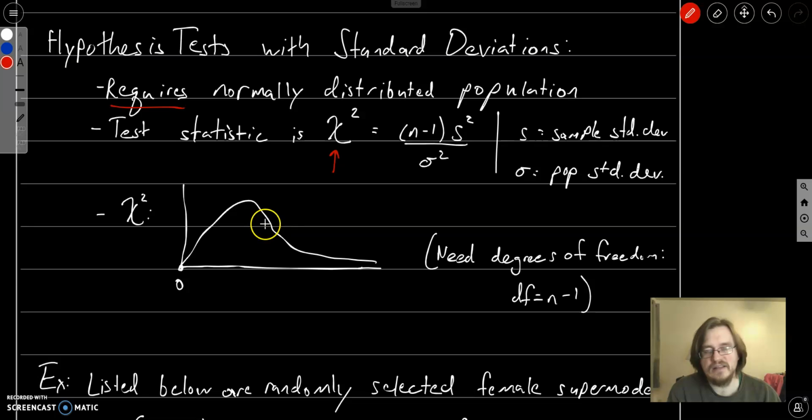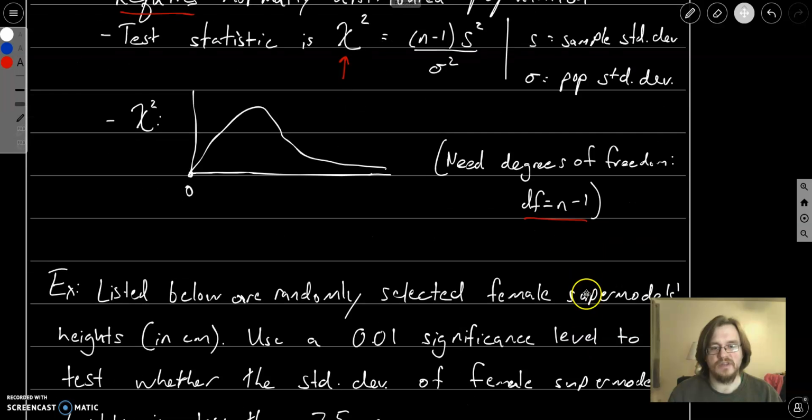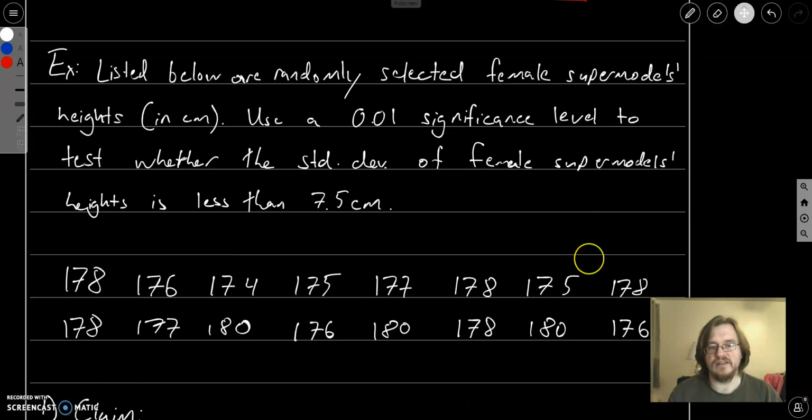We use it in exactly the same way as a normal distribution, or even the student t distribution. And one thing to remember is that this also requires the degrees of freedom, just like the t distribution. The steps, however, are exactly the same, and I'm going to focus on using StatCrunch for this. It'll make this a lot easier.